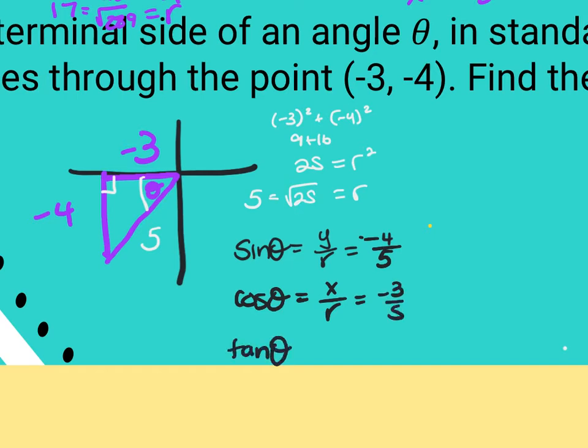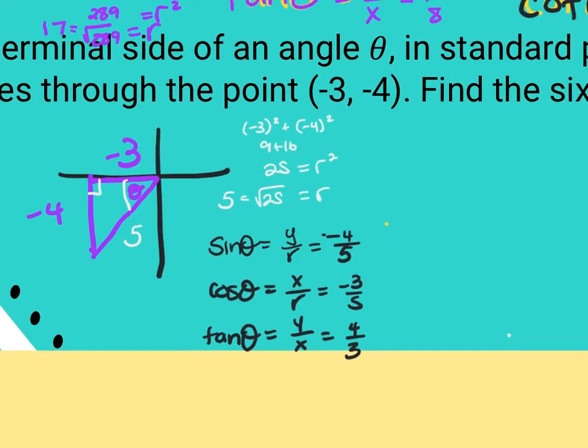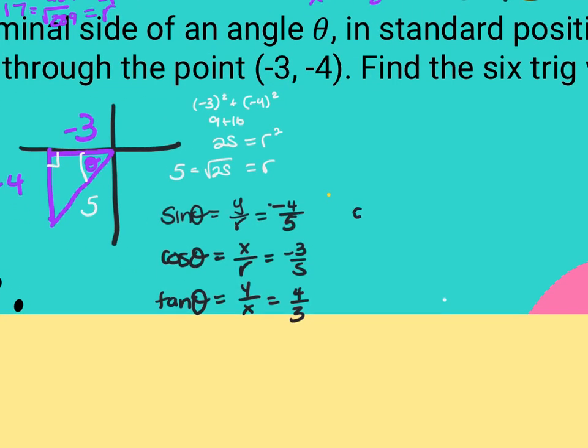Tangent is y over x, which would be -4/-3. That simplifies back to positive 4/3. And then go straight to your cosecant, which is the reciprocal of sine, -5/4. Secant, which is the reciprocal of cosine, -5/3. And cotangent, which is the reciprocal of tangent, 3/4.